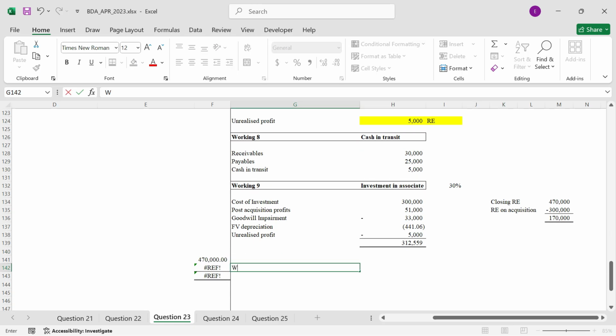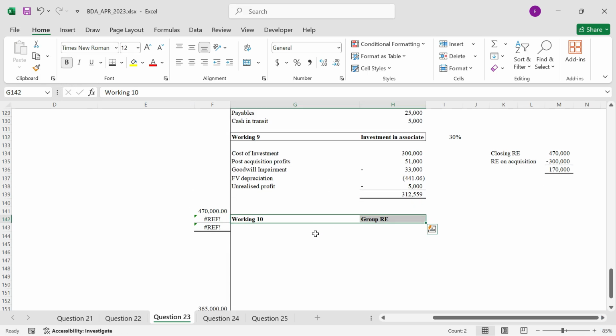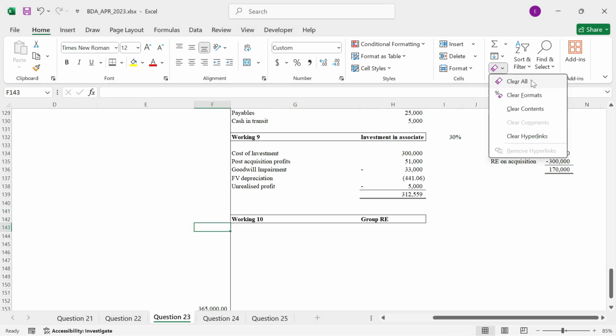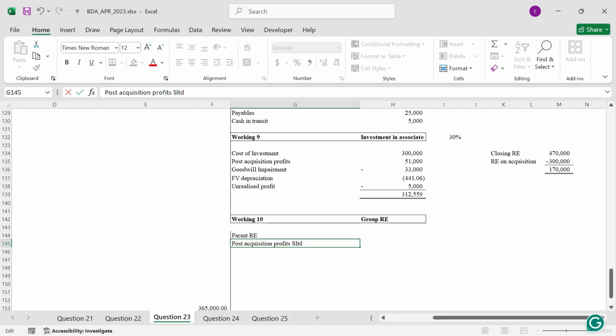More than this, we need working 10, the group retained earnings. So here I'll be capturing the parent values, the subsidiary values, and the associate values. And so for this I'll have the parent retained earnings, and I'll want post-acquisition profits in both S Limited and in A Limited.